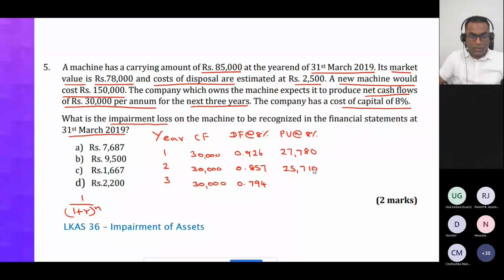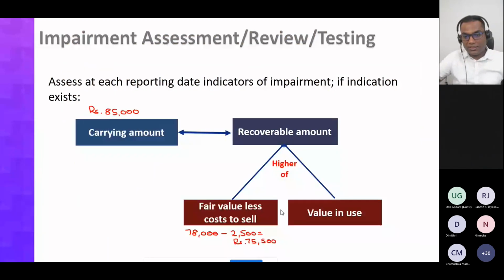Third year, 30,000 into 0.794, 23,820. Take the total. There can be a small rounding impact. 77,310. Right? So this is my value in use.